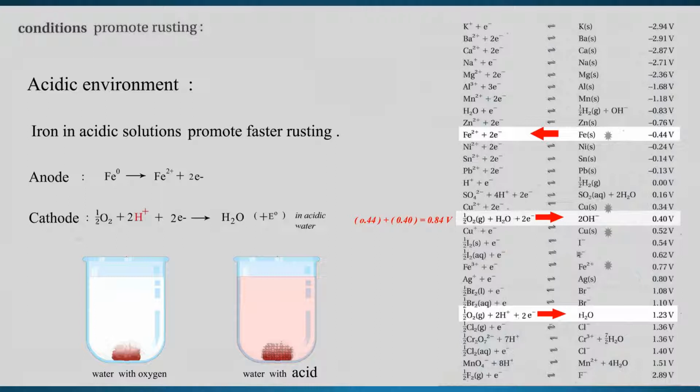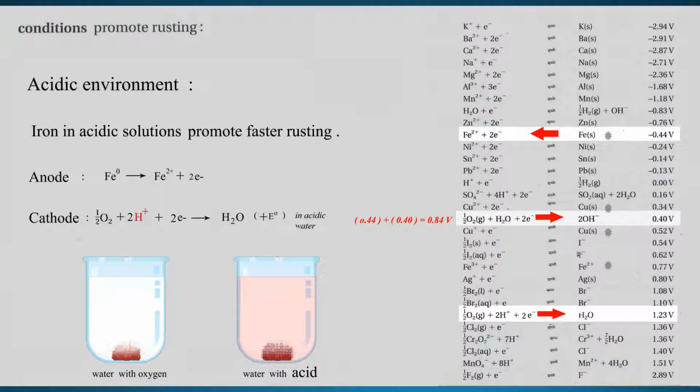Remember, reverse arrow, you reverse the sign. So you reverse the arrow, you reverse the sign. Same arrow, you have the same sign. And you add together, it gives you 0.84 volts.